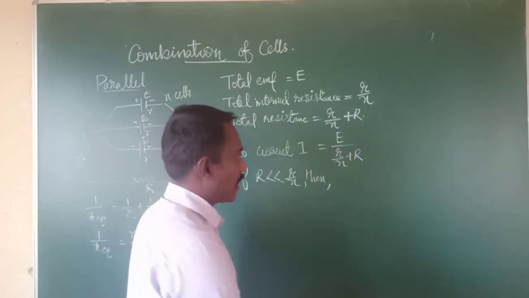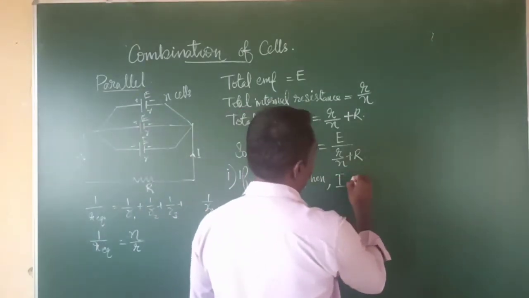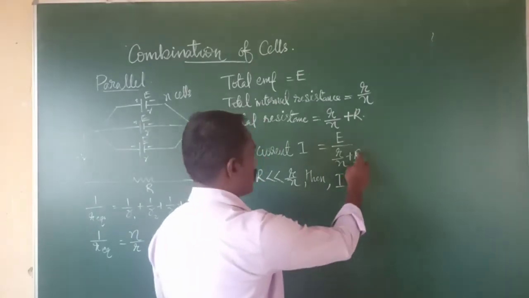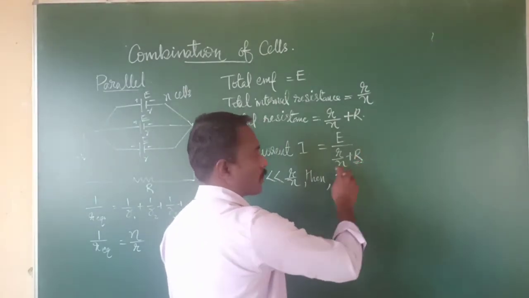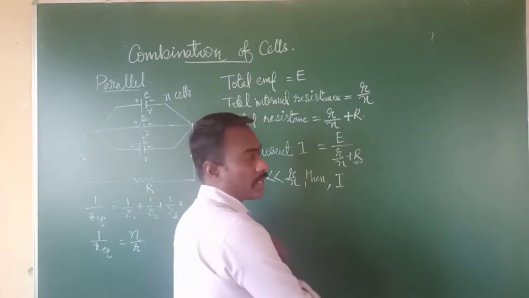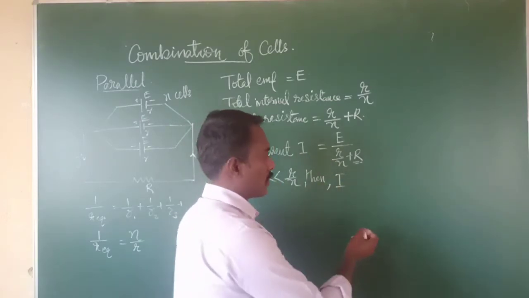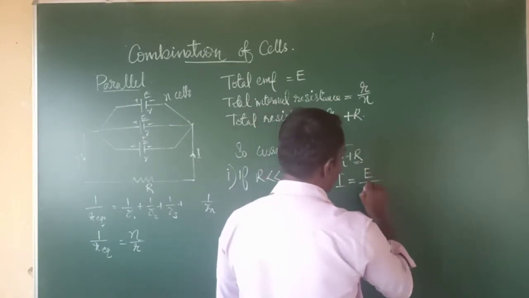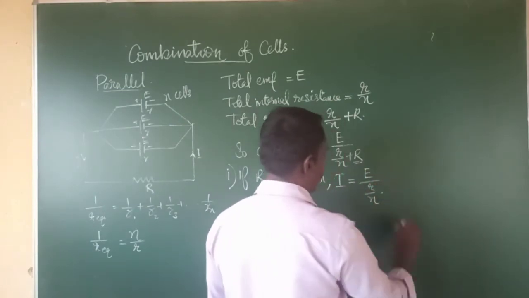This term can be neglected, because the external resistance is much smaller than the total internal resistance of the combination of the cells. So the equation for I can be written as E divided by R by N.